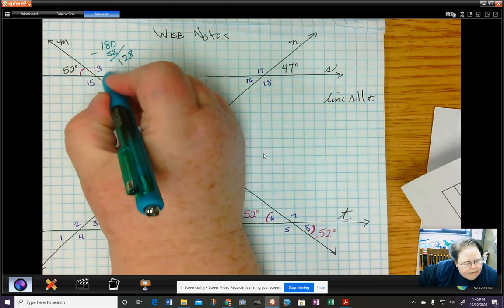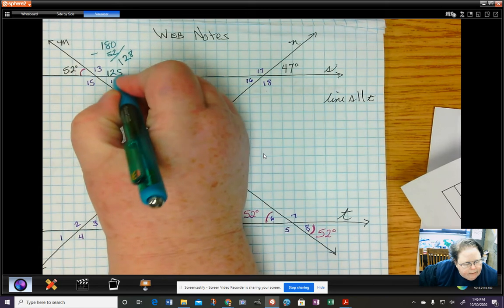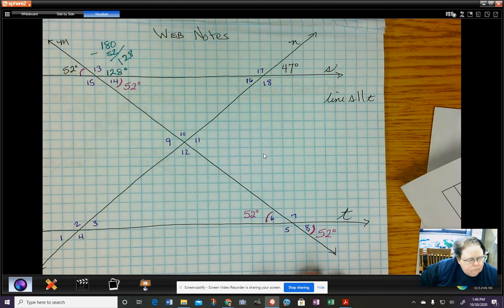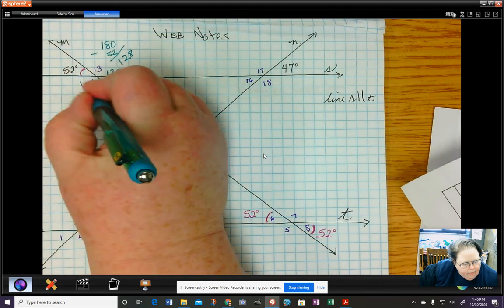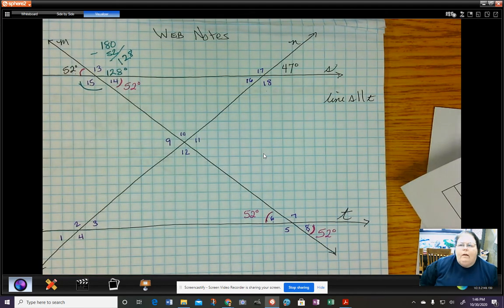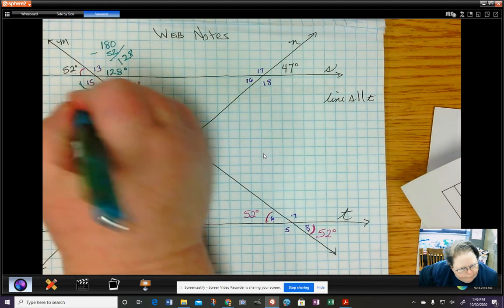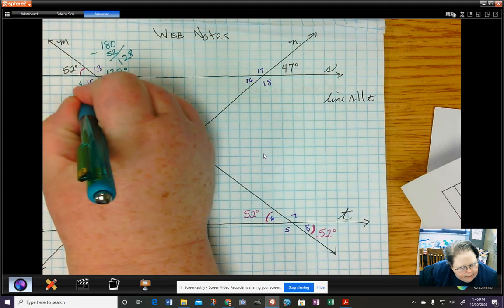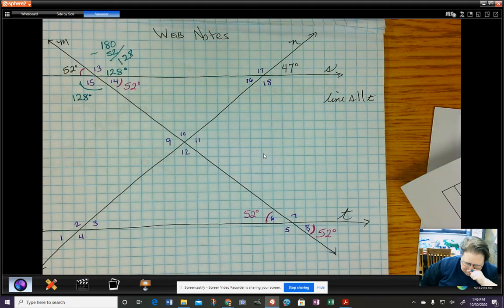So angle 13 is 128 degrees. Angle 13 is congruent to angle 15. How do I know that? They're vertical angles. Vertical angles are congruent. So angle 15 is 128 degrees.